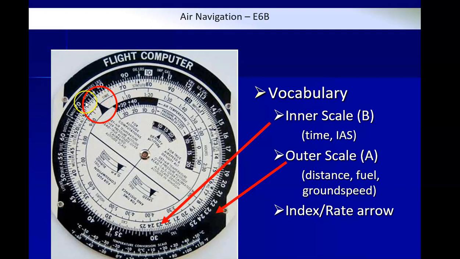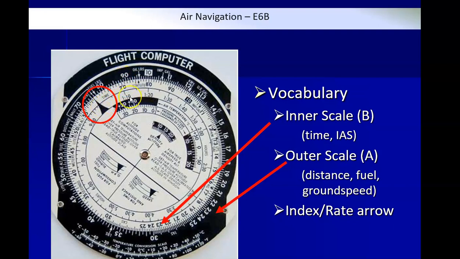So in this case, if I'm doing 75 nautical miles per hour, then I'm going to put the index on the 75. If I was doing 90 nautical miles per hour, then I would just slide the index over to 90, and then I would know I'm going 90 nautical miles per hour.